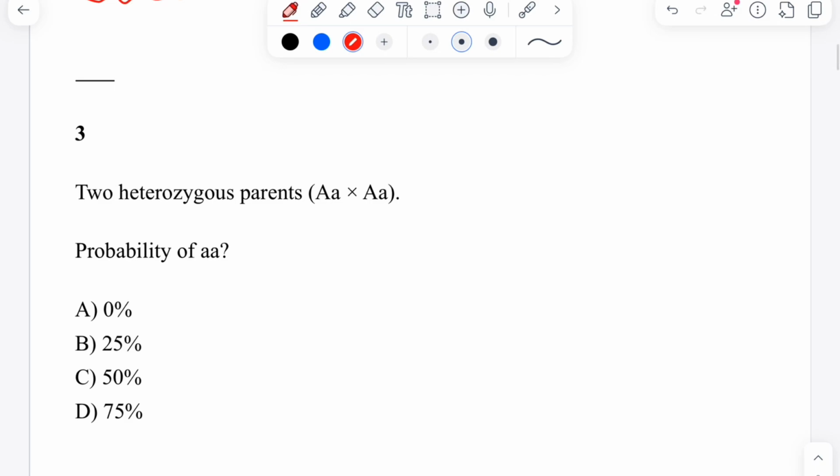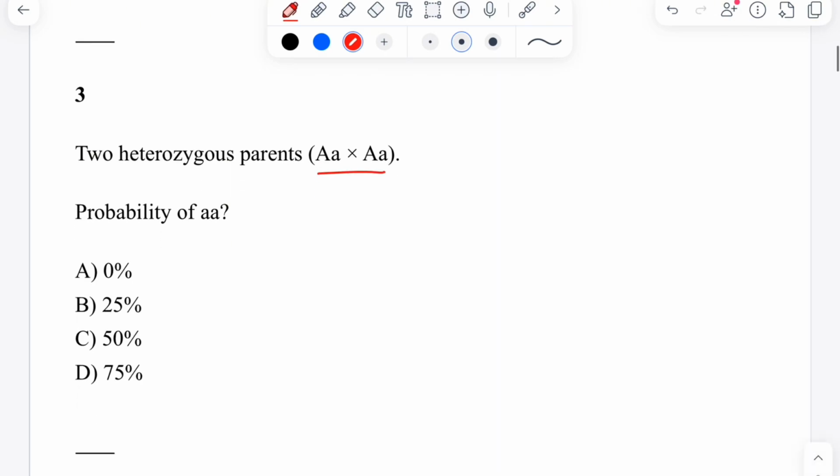Number 3. Two heterozygous parents, what is the probability of AA? So we can calculate that.